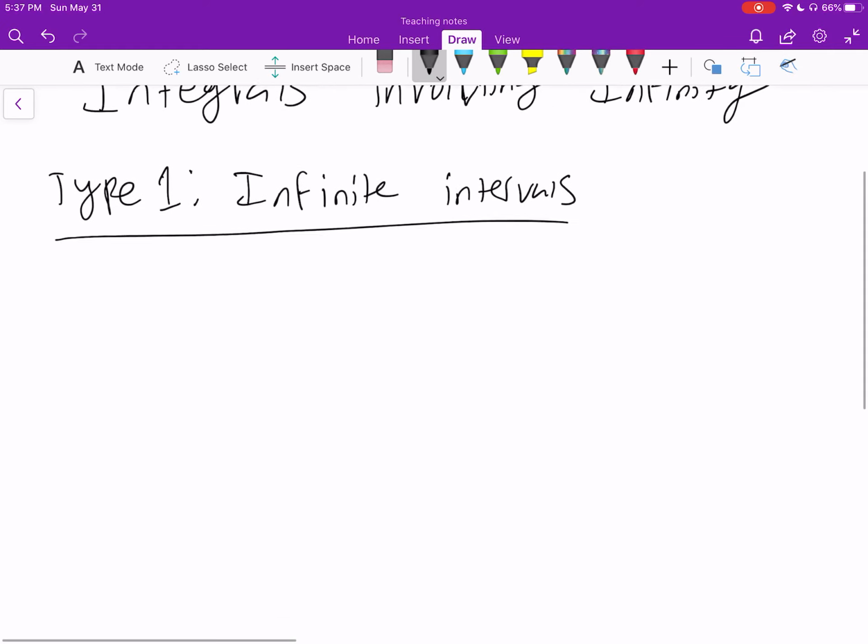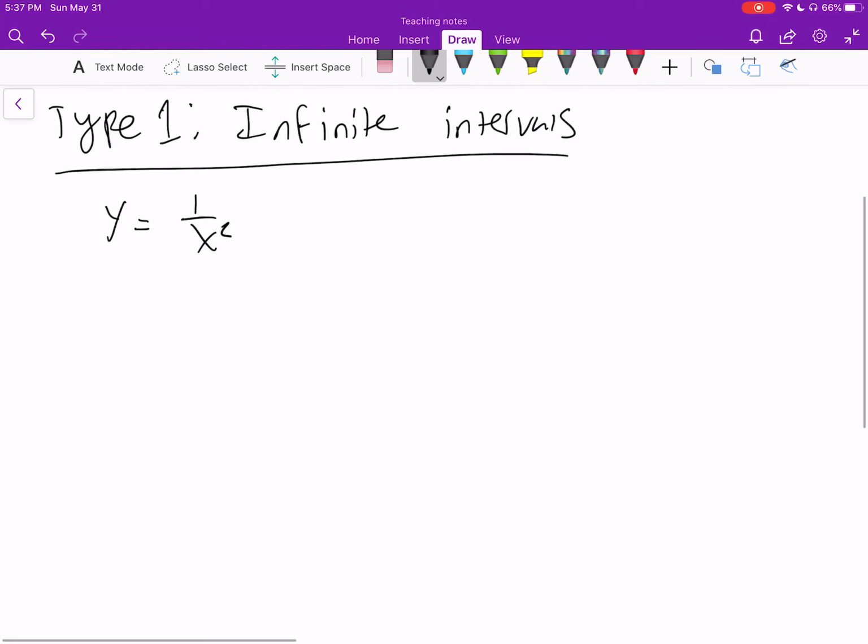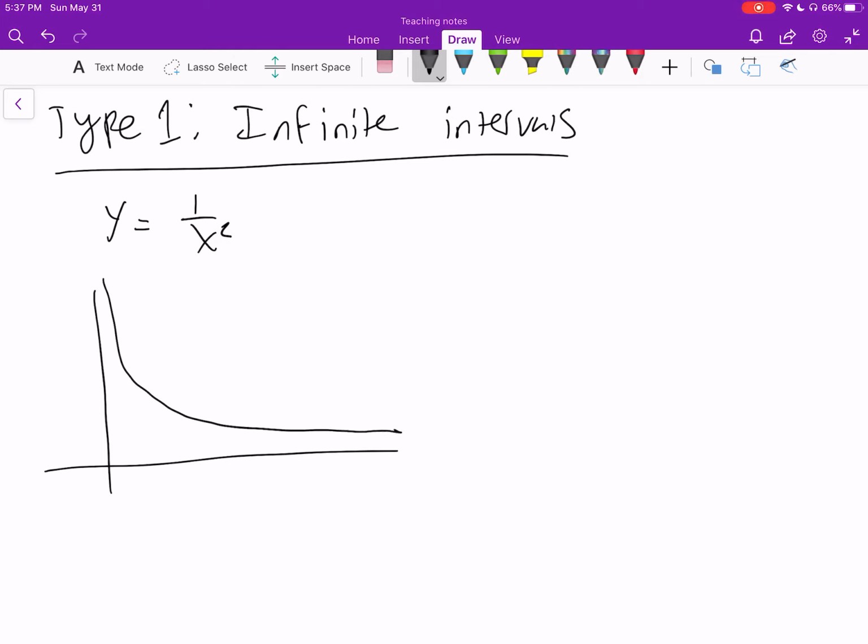And so what that's going to look like is, the example that gets used is, if you imagine, y is equal to 1 over x squared. So let's only look at that in the first quadrant there. So what that's going to look like is something like this.